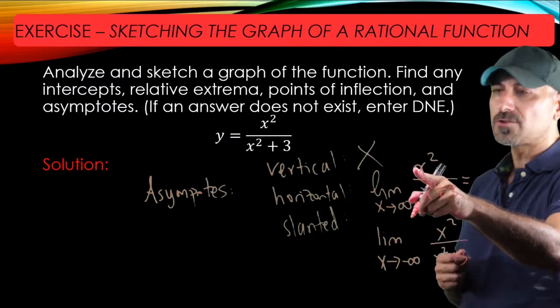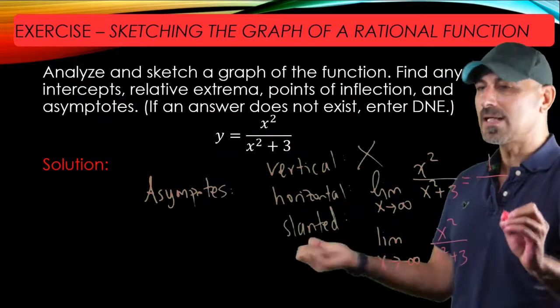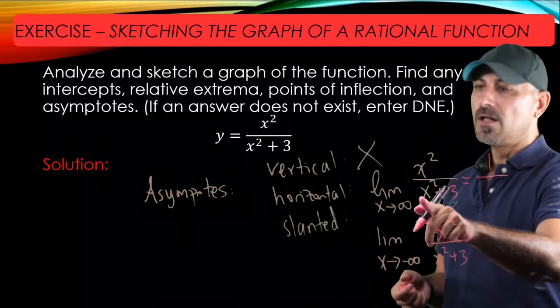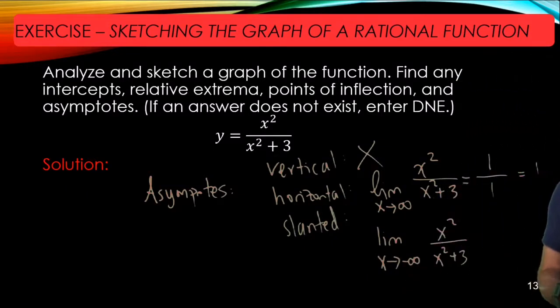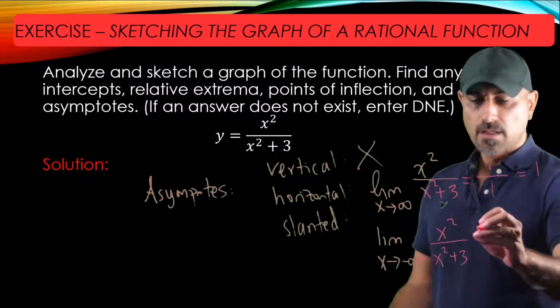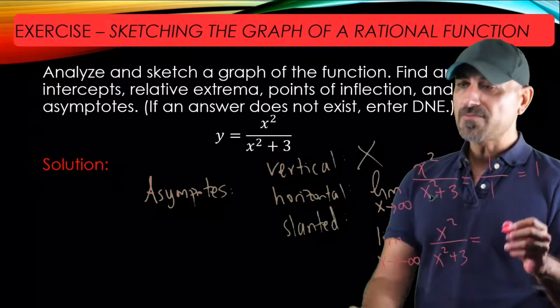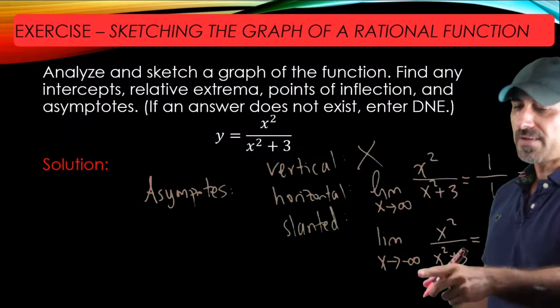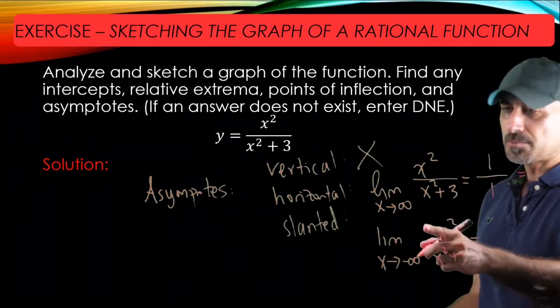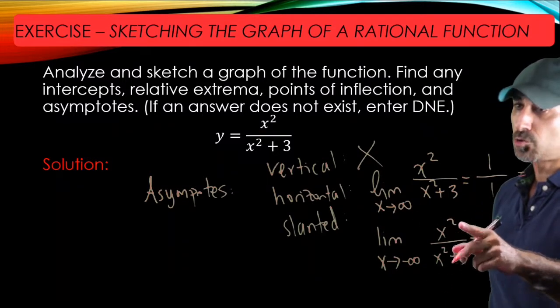The coefficient of x squared is 1, and for this one as well, 1 times x squared. So 1 over 1, which is 1, is the limit behavior. And the same limit value is valid at minus infinity, because it doesn't matter if x goes to infinity or minus infinity for this problem, because eventually you square it.